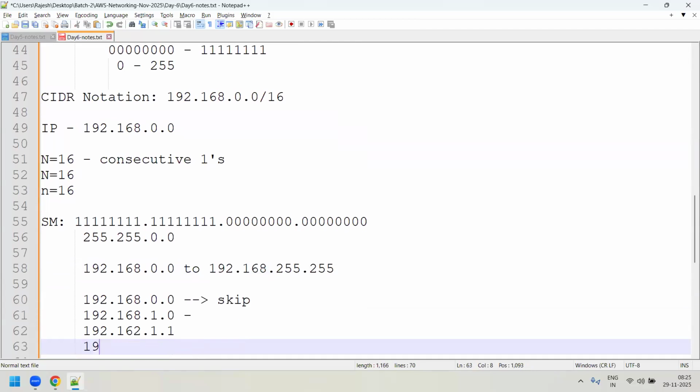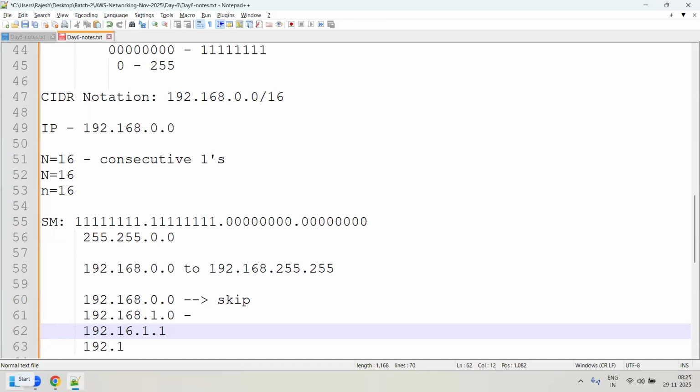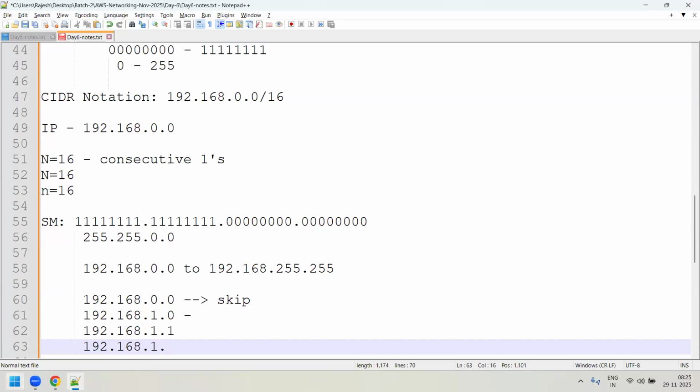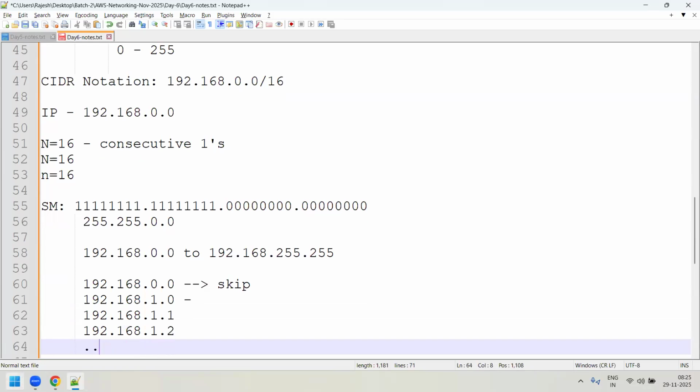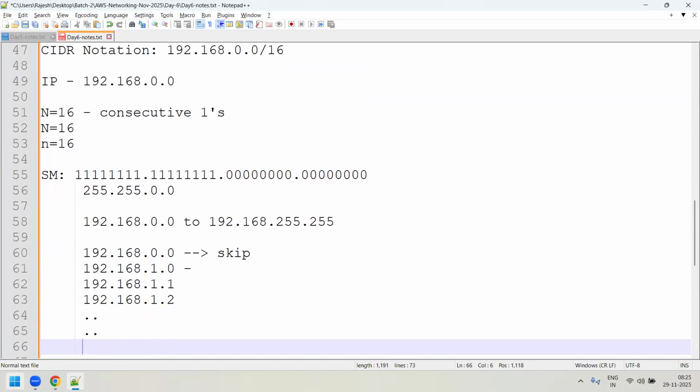Then 192.168.1.1, 192.168.1.2, like that. You will come across other IP addresses up to 192.168.1.255. Am I clear, sir?